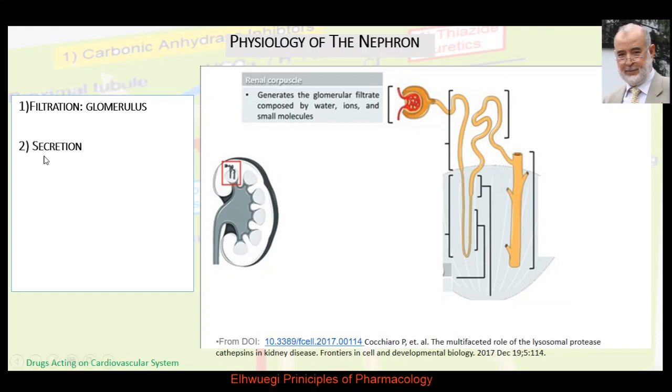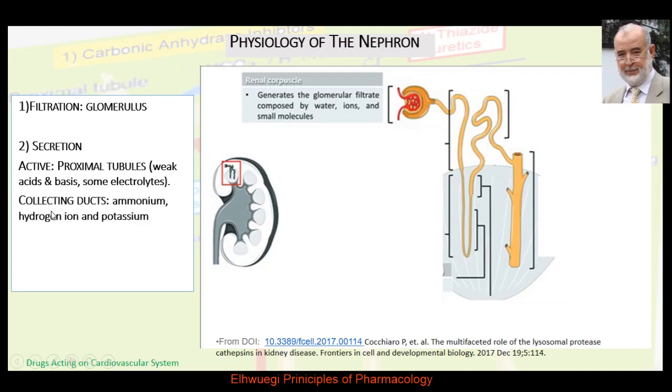The second is secretion. Secretion, as we have said, takes place in the proximal tubule, and this takes place for weak acids and bases and some electrolytes. Also, secretion takes place in the collecting ducts, mostly for ammonium ions, hydrogen ions, and potassium ions.